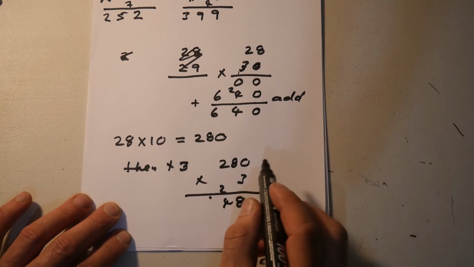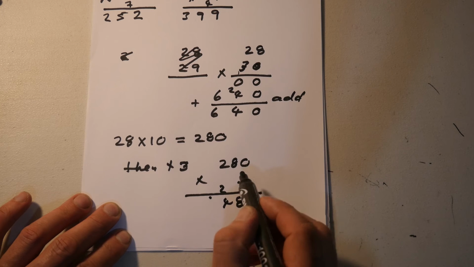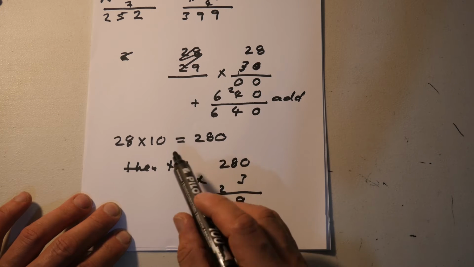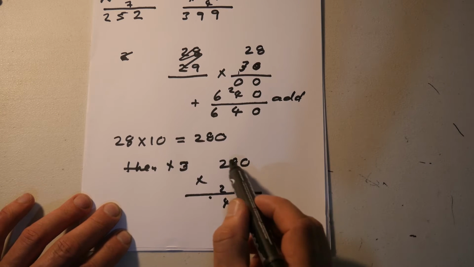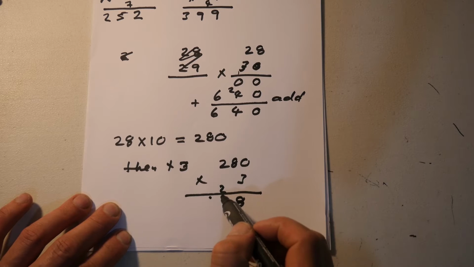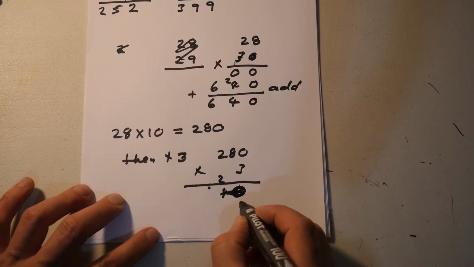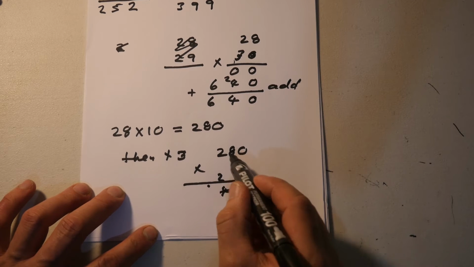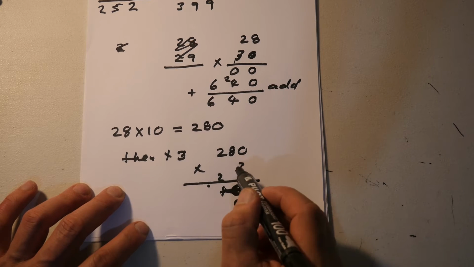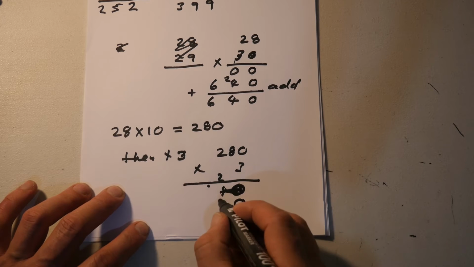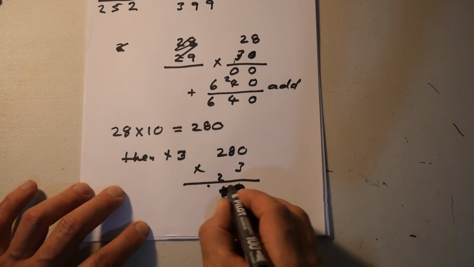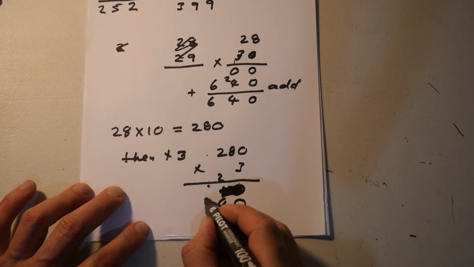Sorry. What did I just do? 3 times nothing is nothing. 3 eights are 24. There should be nothing there. Something's gone wrong with this. It should be the same as that. 3 times 30, 0 times 8 is 0. 3 eights are 24. 3 times 2 is 6, plus 2 is 8.